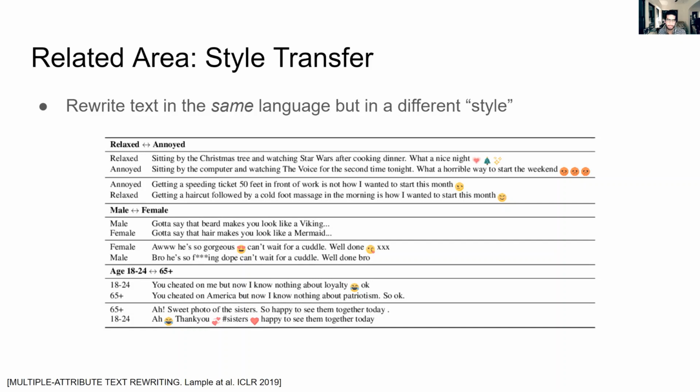Some of the techniques from unsupervised MT have been proven to be useful. For example, in this paper, multi-attribute text rewriting, they use iterative back translation as well as denoising autoencoding to do style transfer. So if you're interested, you should check that out.